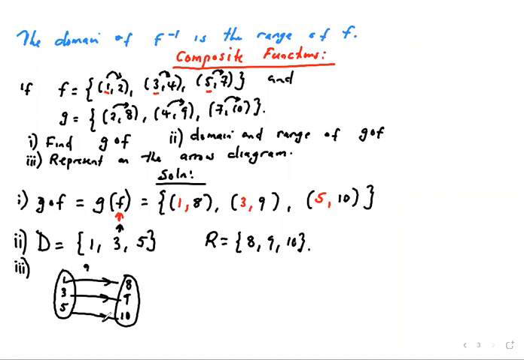That is G of F. If they ask you to show the relationship, the solving on the arrow diagrams, you do this where you get F, that is 1, 3, 5.